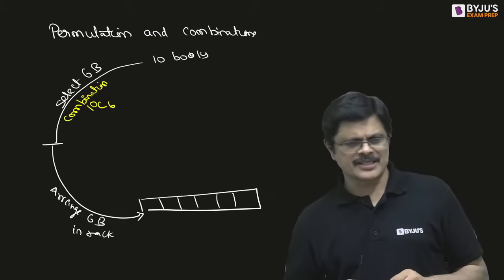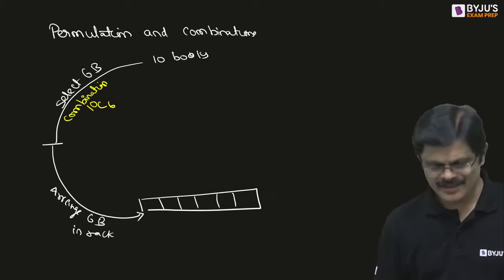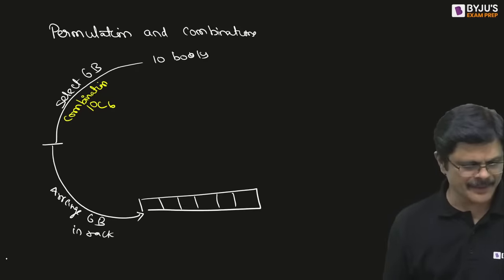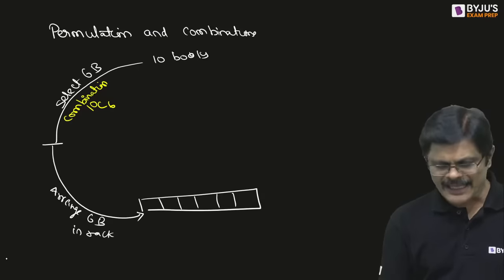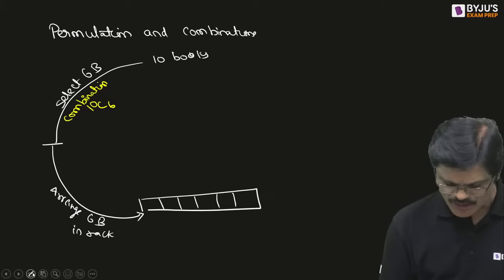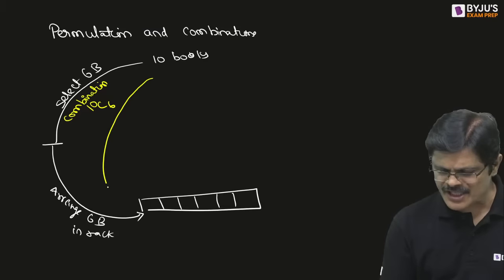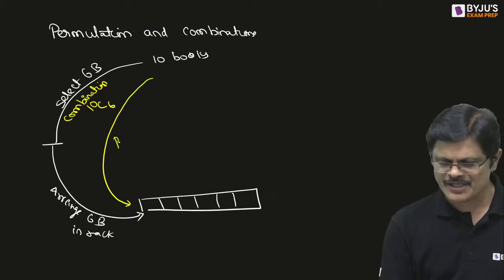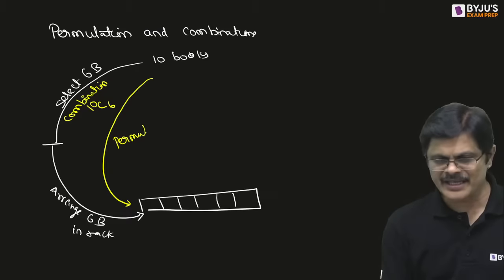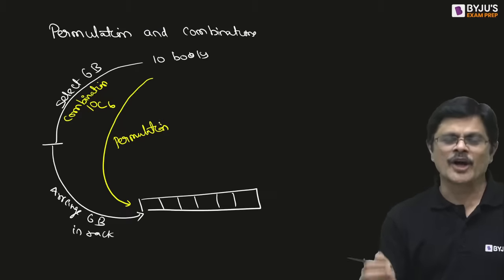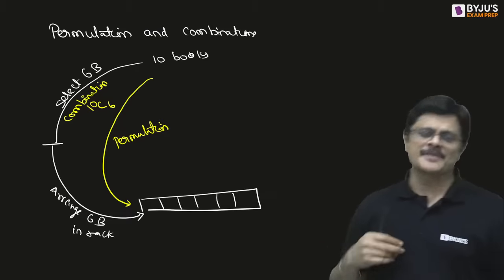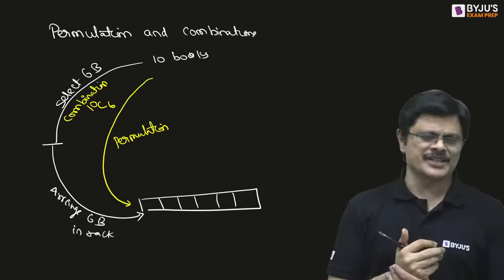What is permutation? See, generally people feel the arrangement is permutation, but that is wrong. Permutation is the entire process of selection followed by arrangement. Just arrangement is not permutation.